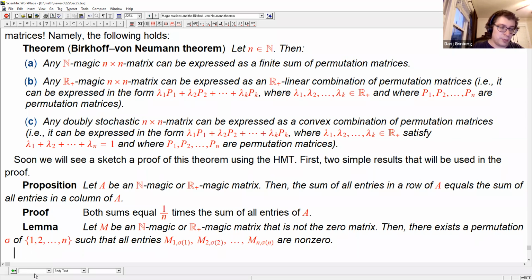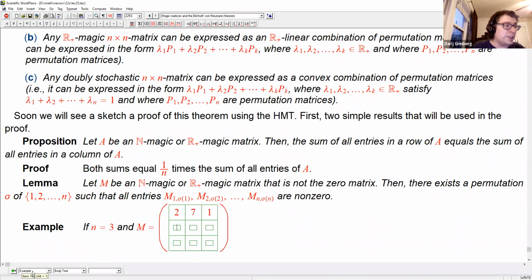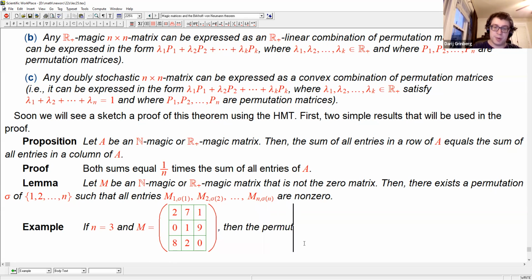So for example, if n equals 3 and M equals 2, 7, 1, 0, 1, 9, 8, 2, 0. You couldn't take this permutation, because this 0 is not non-zero. But you can take this permutation, 8, 1, 1. So the permutation sigma that sends 1 to 3 and 3 to 1 has this property.